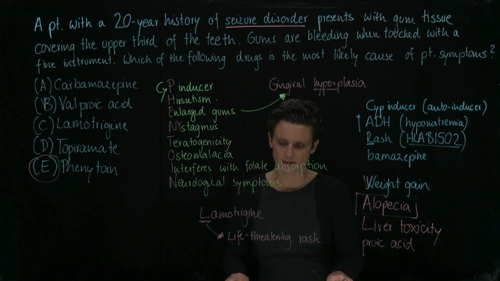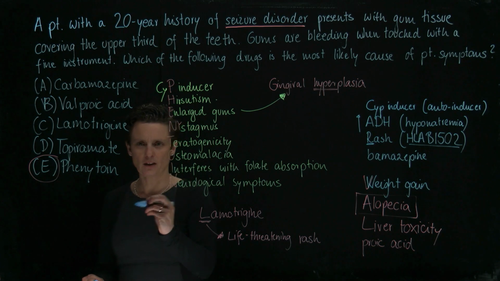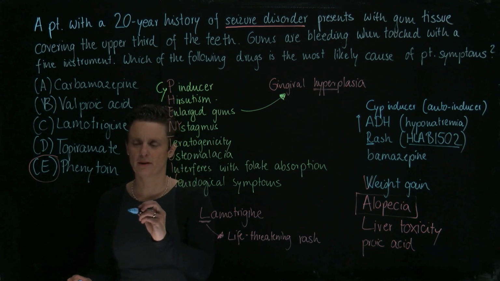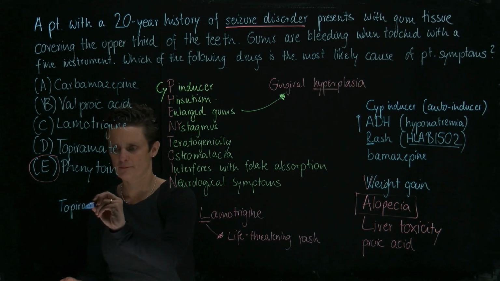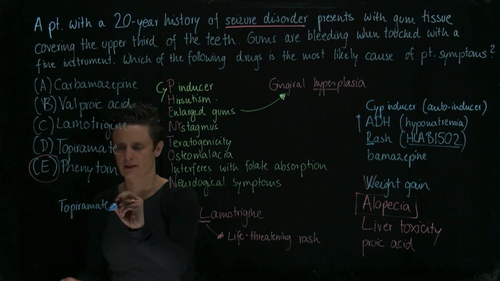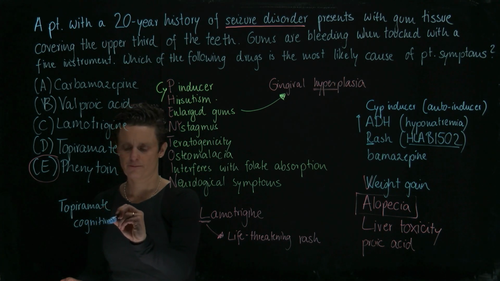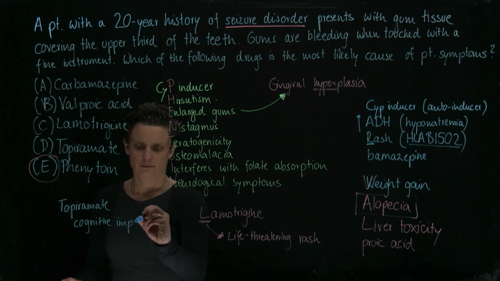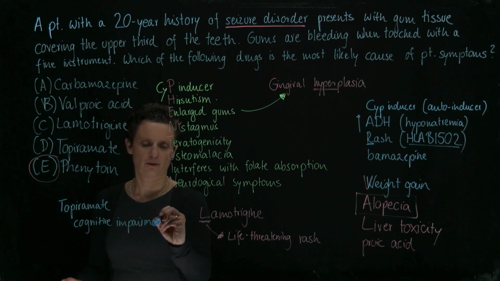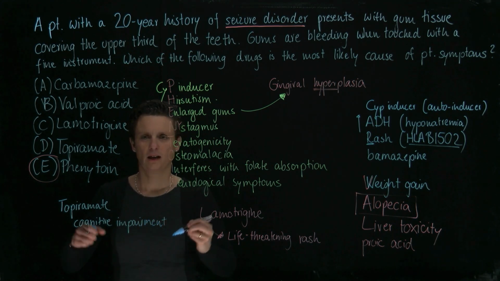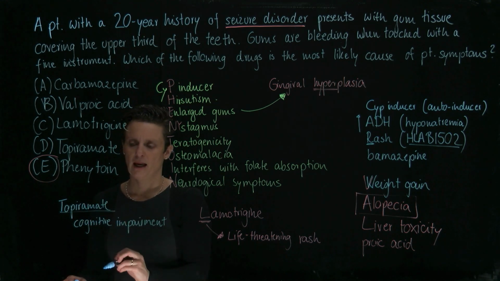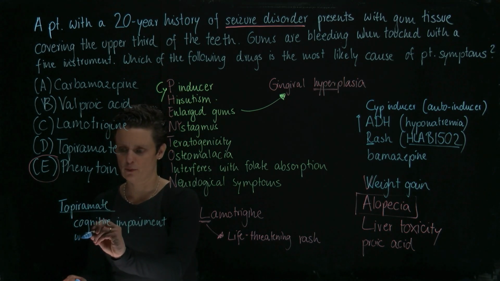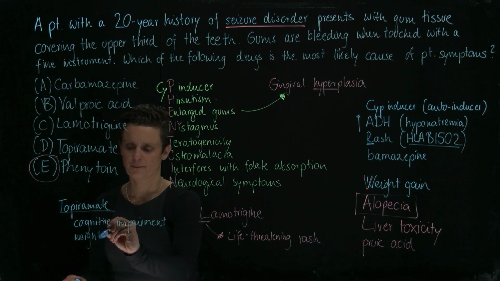And then Topiramate has also some things that we should remember. So Topiramate gives some cognitive impairment. So maybe not such a good drug for college students or students. Cognitive impairment, very clear with Topiramate. And the other thing, it can lead to weight loss.